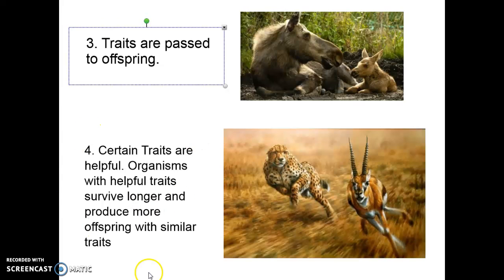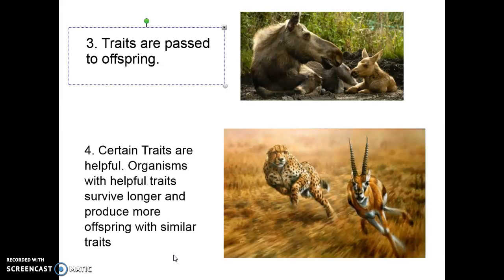So step number 4 here, we have certain traits are helpful, and organisms with those helpful traits survive longer and produce more offspring with those similar traits. So here we have an example. We got the cheetah and the gazelle.